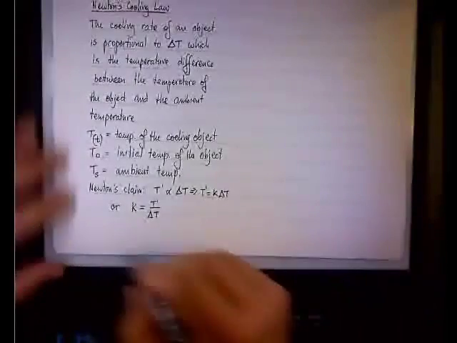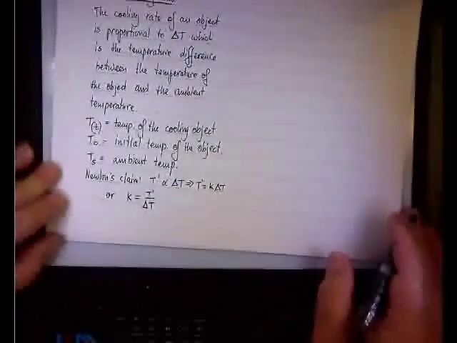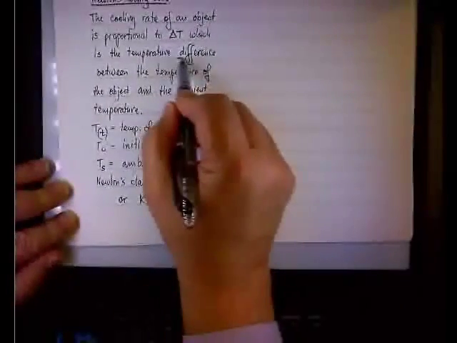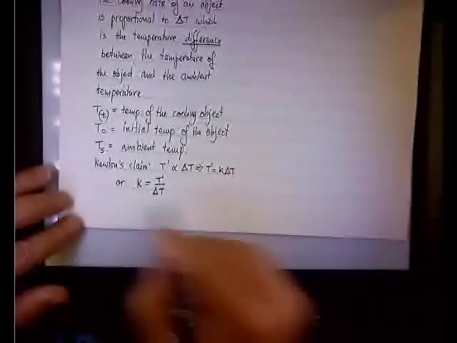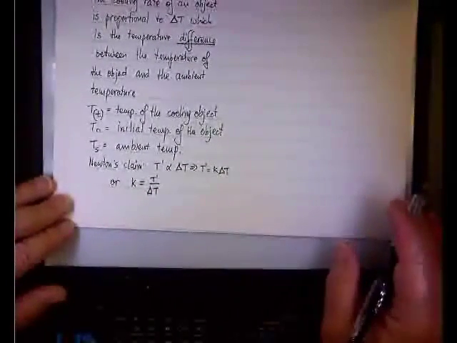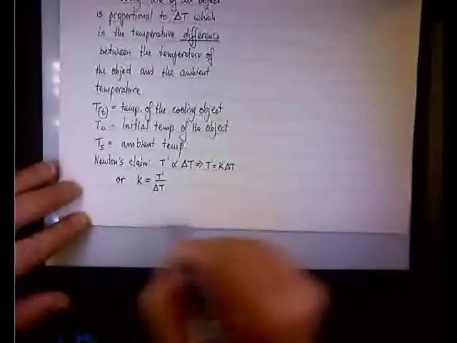Is delta T the change in temperature? Delta T is the temperature difference, so it's T of one minus T of the other. Right, I didn't define delta T, so you're right. I should have said so.